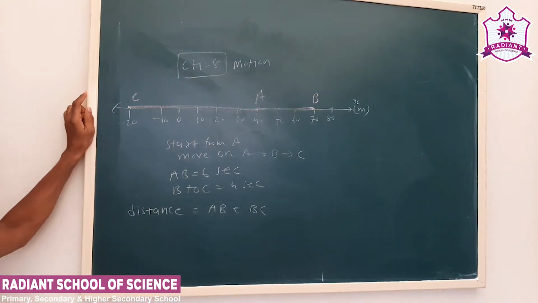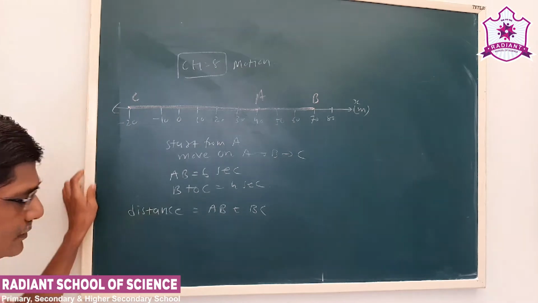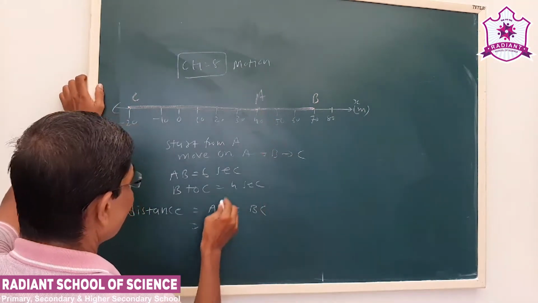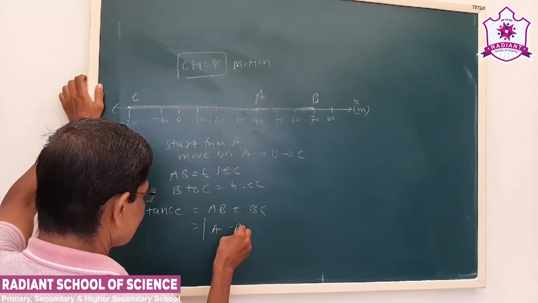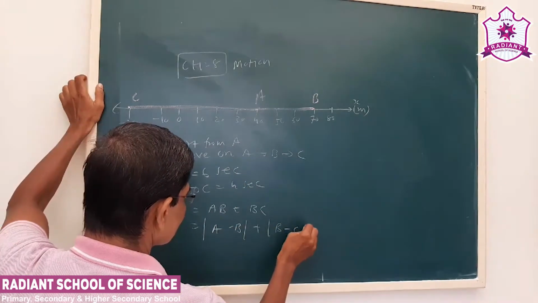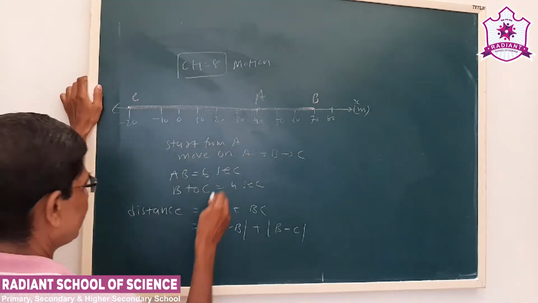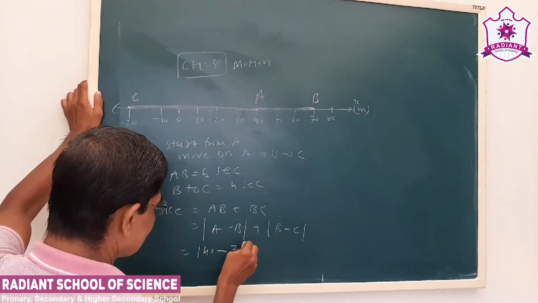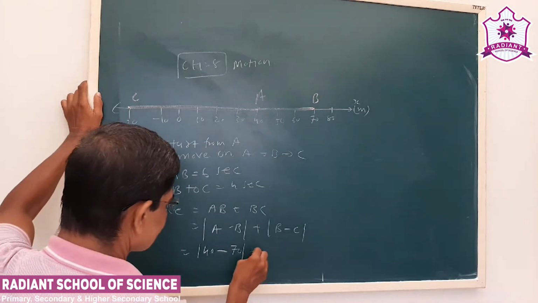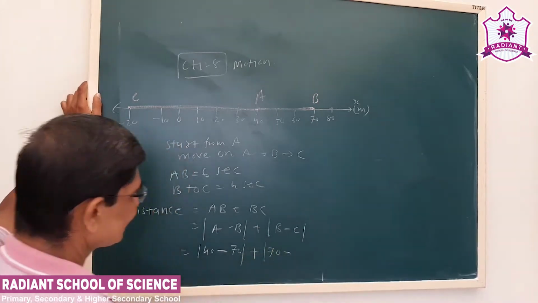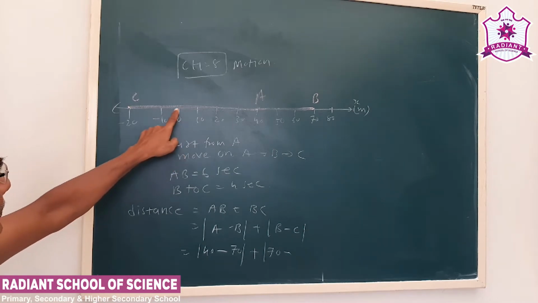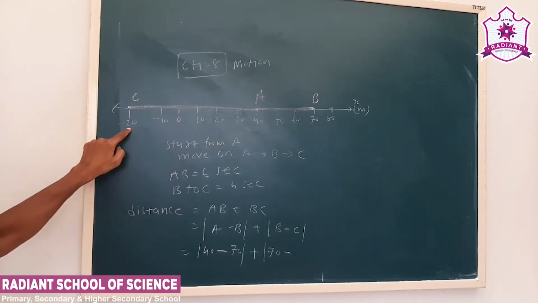Now what is distance AB? See, the distance formula we discussed. What is the number corresponding to A? It is 40. The number corresponding to B is 70. Now see, 0 is the origin, and left of the origin is considered negative.